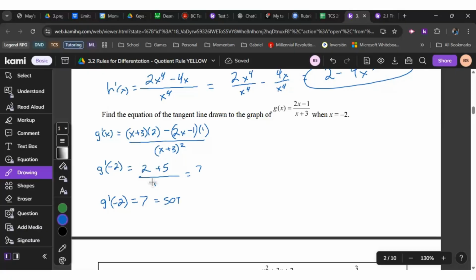Now I need my point. My point is going to be -2, and then I plug it into here, so I get G of -2, which is -5 over 1, which is -5. So there's my point. Then I get y plus 5 equals slope times x minus the x coordinate, which is x minus -2, or x plus 2. Feel good?